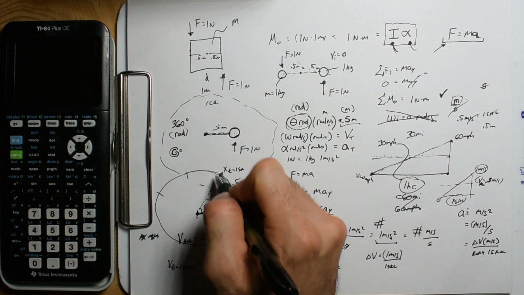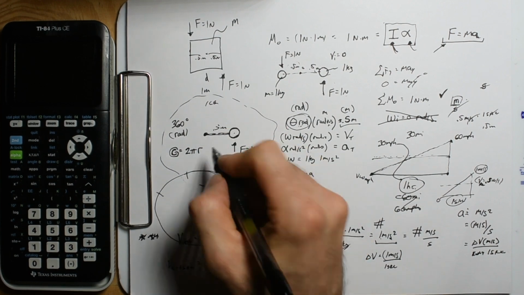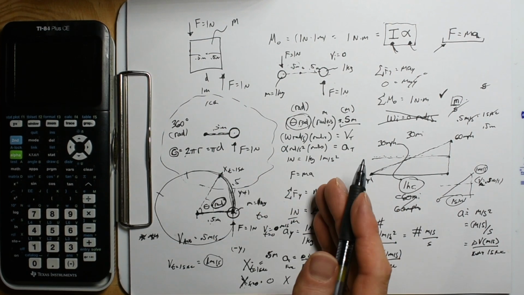But yeah, the circumference of a circle, we can just call it 2 pi r. It's pi d, pi times the diameter, but it's 2 times pi r.